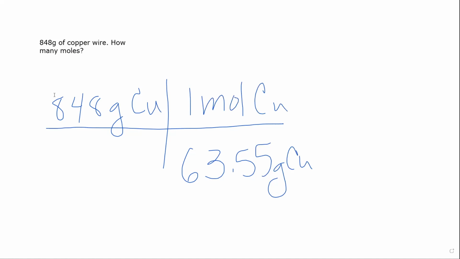So grams of copper cancel and we get moles. All we have to do is divide 848, and what's your sig figs, by 63.55. That gives me 13.3 moles. That's what you got? That is correct.